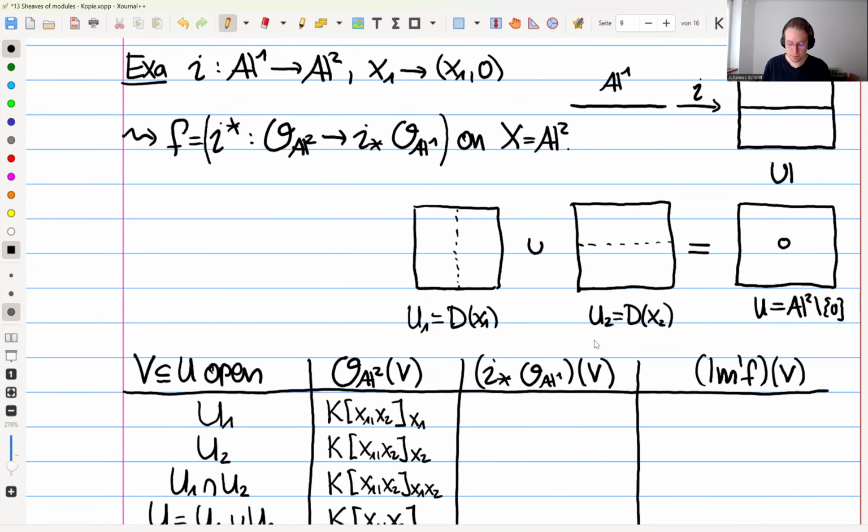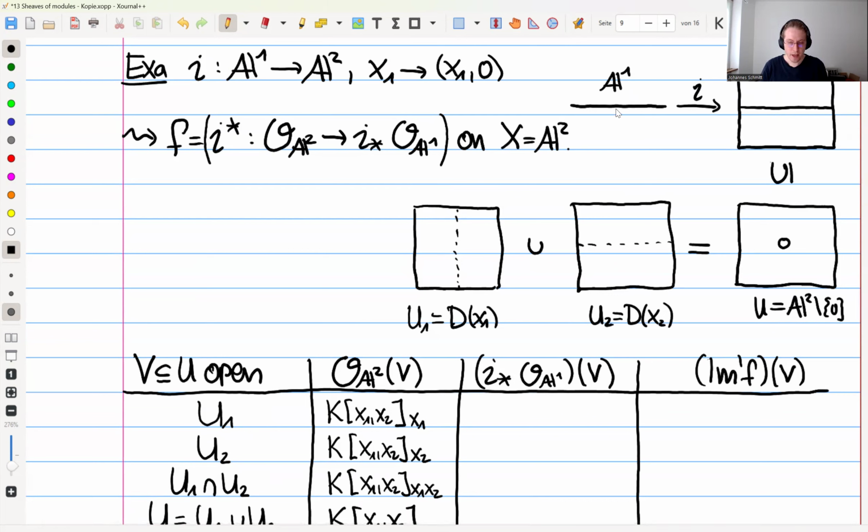Okay, and the first one is not so terrible. So now we look at this map, and the open set that we take is U1, which is the complement of the y-axis here. To compute what the push forward does, we just take the pre-image in A1, and removing this line just removes the single point.